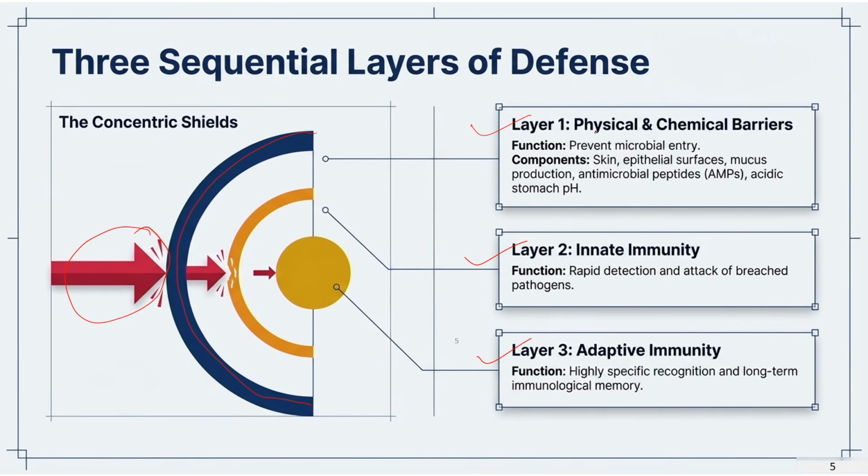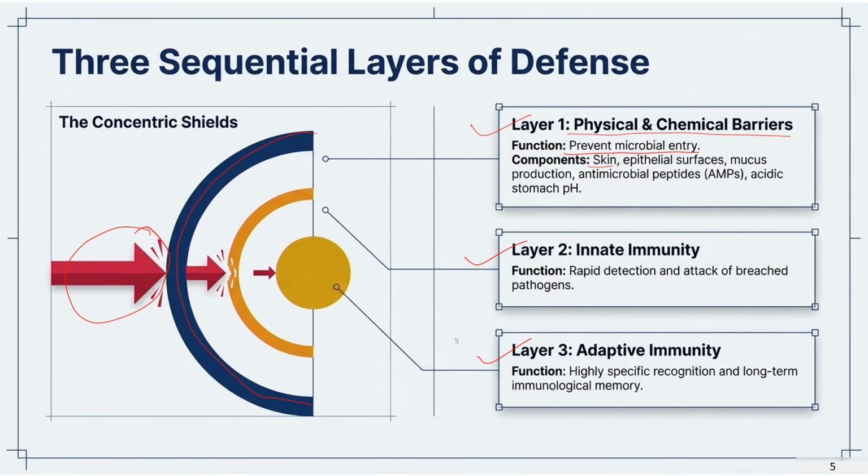So what are the functions of the physical and chemical barriers in the human body? They prevent microbial entry. That means they form a first layer which can stop the entry of anything coming into the human body. And what are those components? Skin.